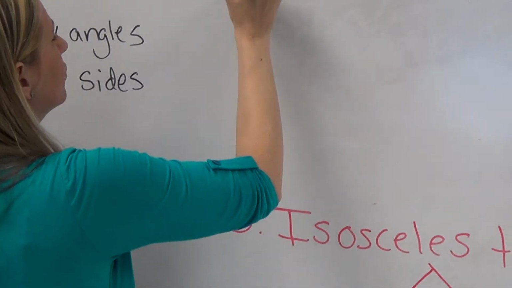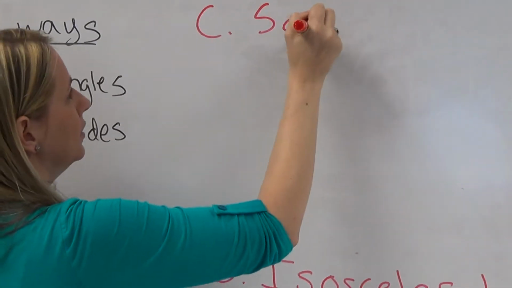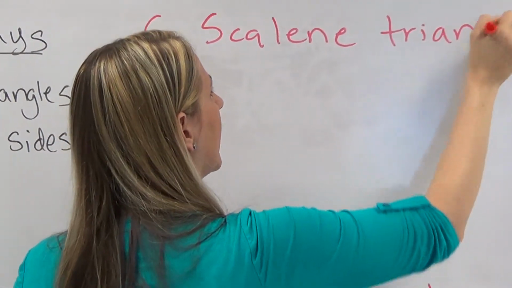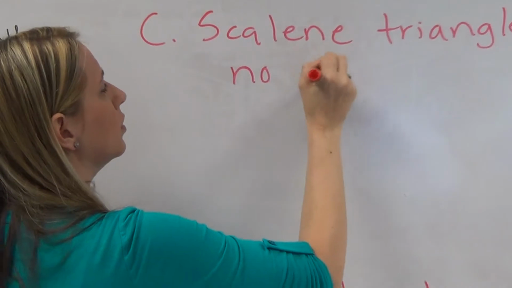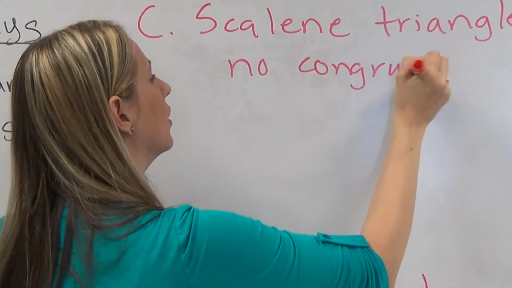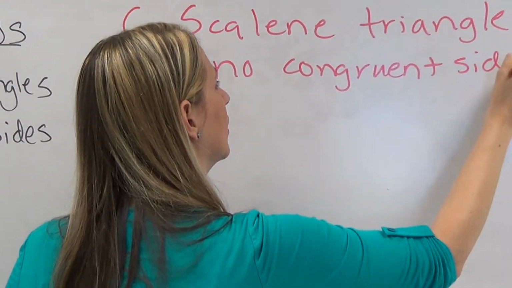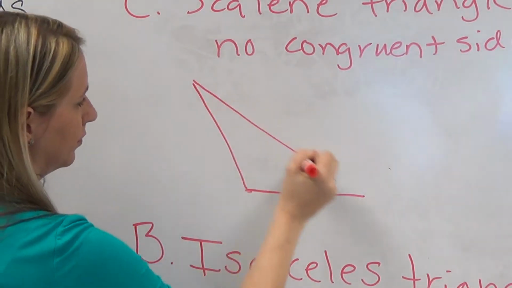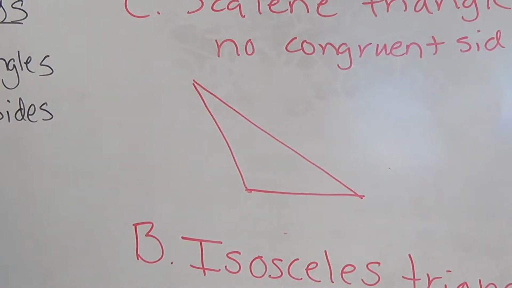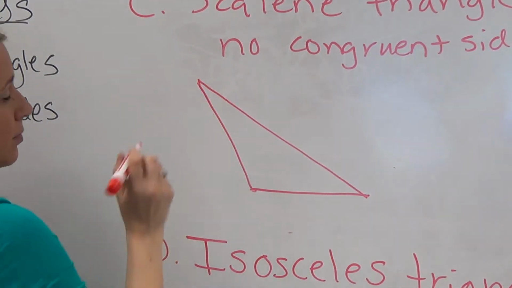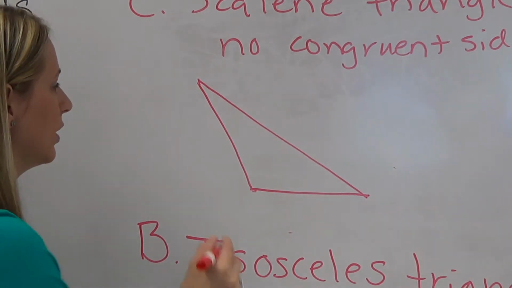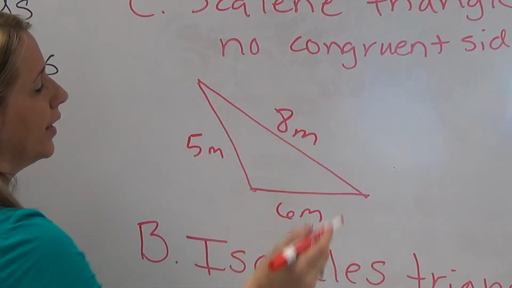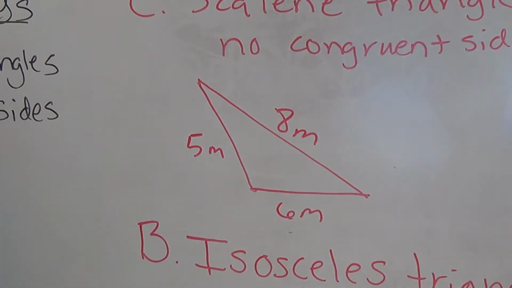So our last one is scalene triangle, and it has no congruent sides. There are segments, but there's no congruence going on here. So you could have like 5 meters, 6 meters, and 8 meters. So there's no congruent sides at all.